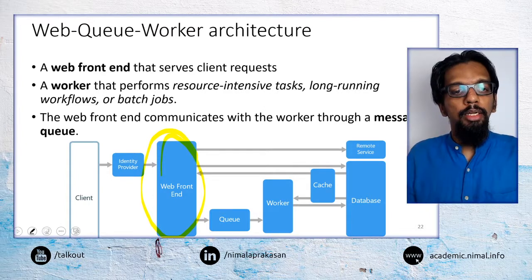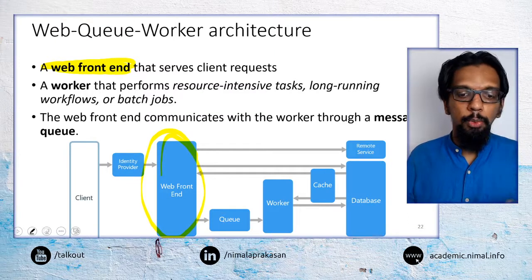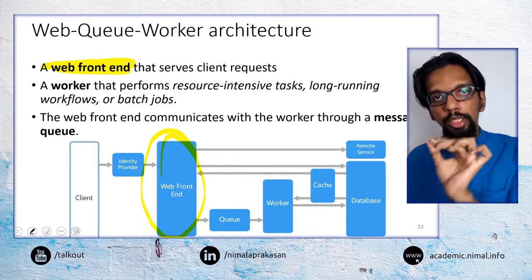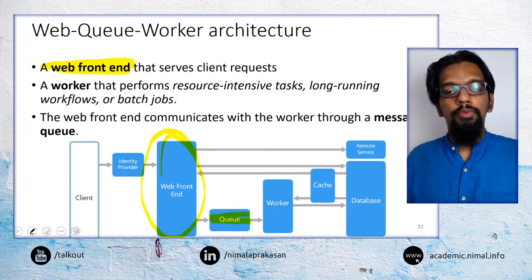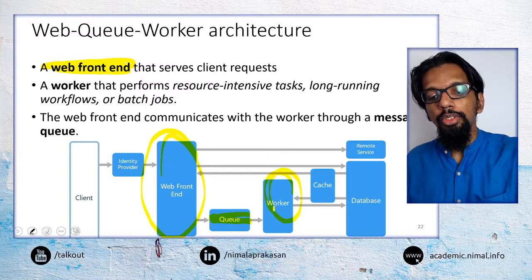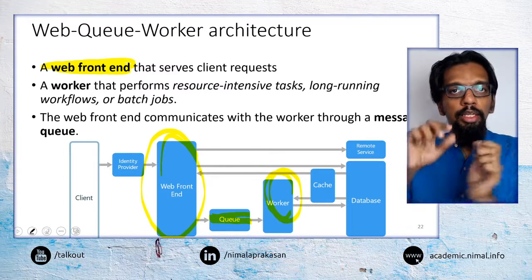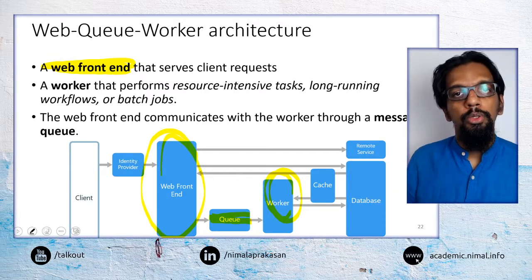So we will separate the web front end for the client requests, and when the requests come, we will put them into a queue. We will manage these in a queue, and then we will use a worker layer to go through the queue one by one and produce the output.